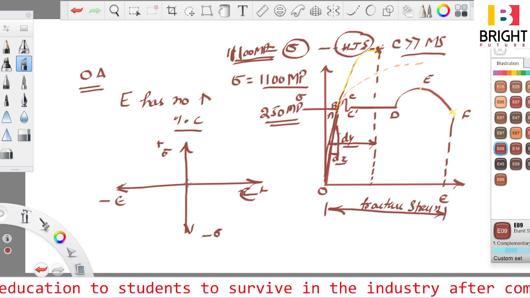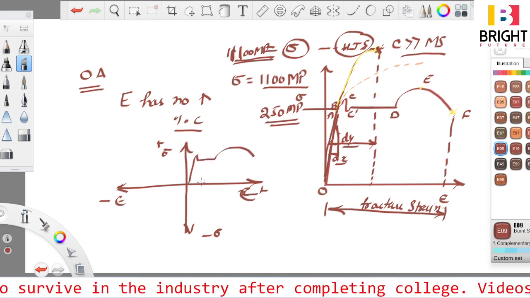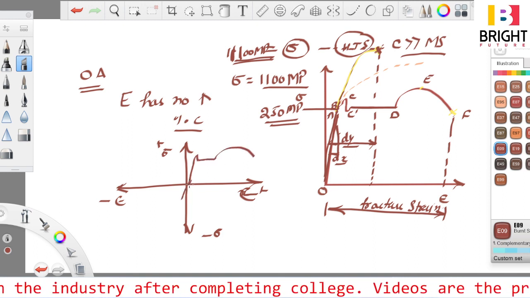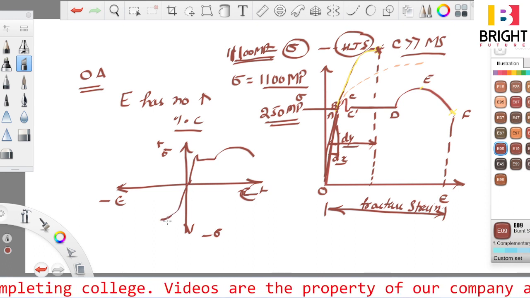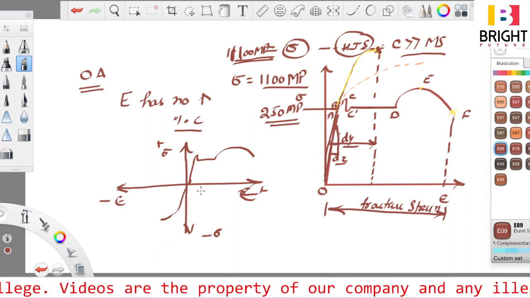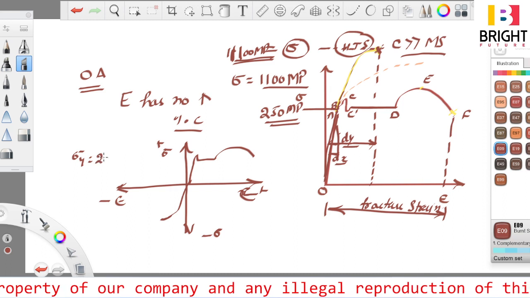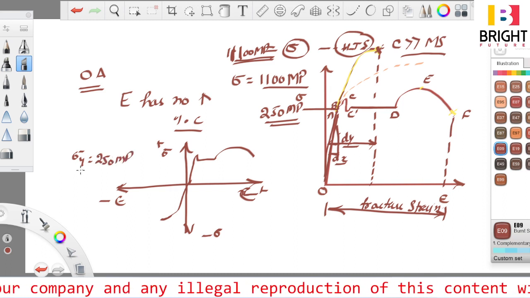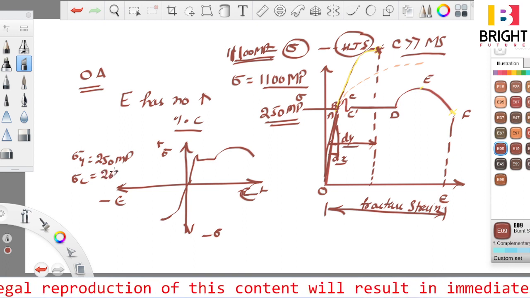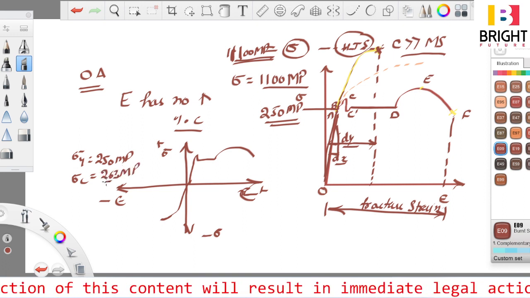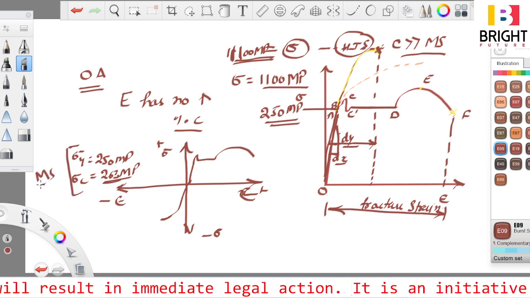Now we want to see what the result will be in tension and how it will behave in compression. This is about engineering stress. In tension you will find that sigma y is 250 megapascal, but in compression you will find it is 263 megapascal, a little bit more in the case of mild steel. All these are values for mild steel, right?